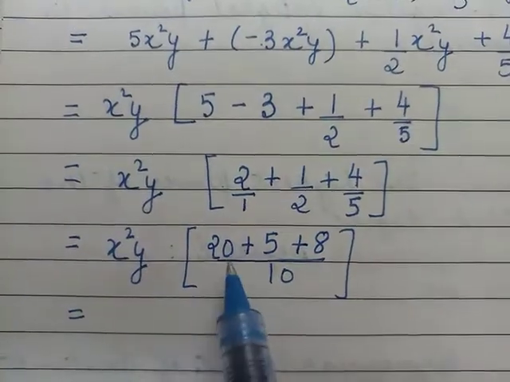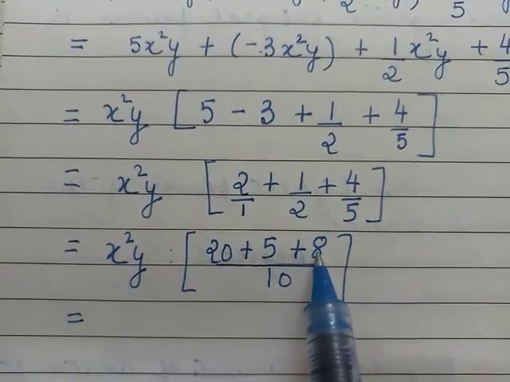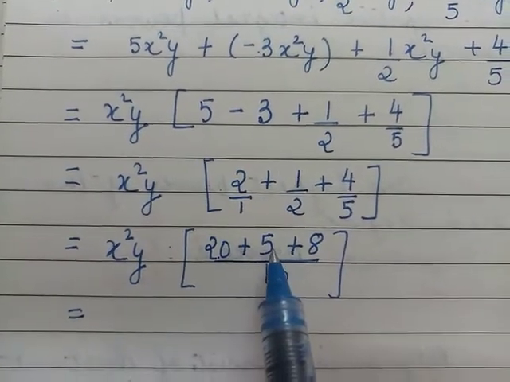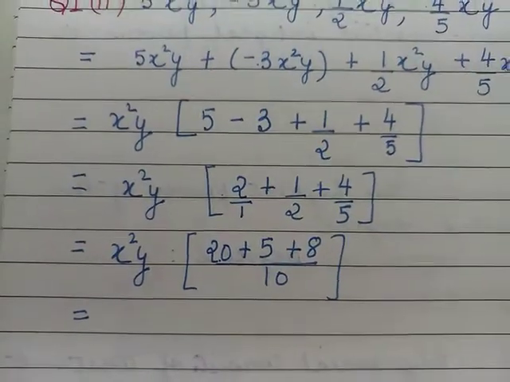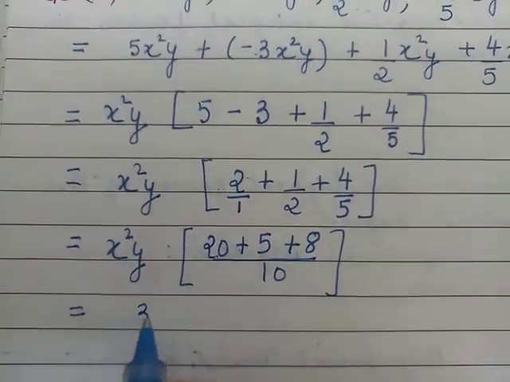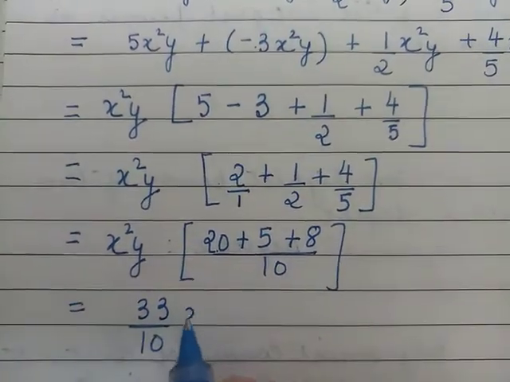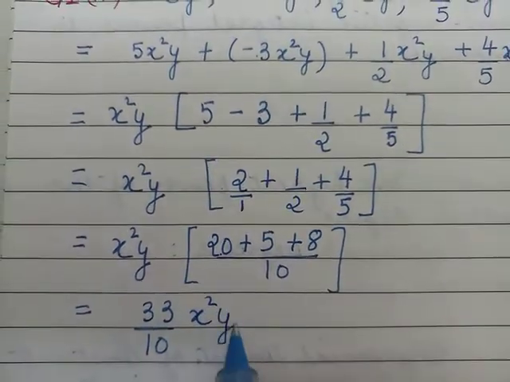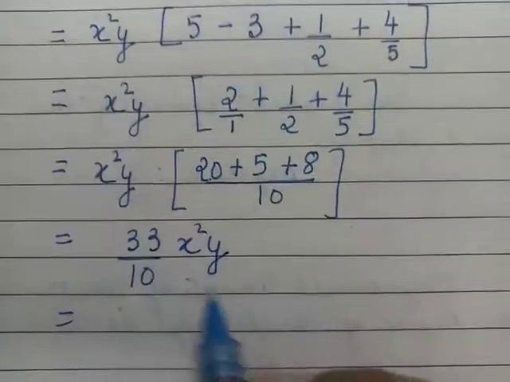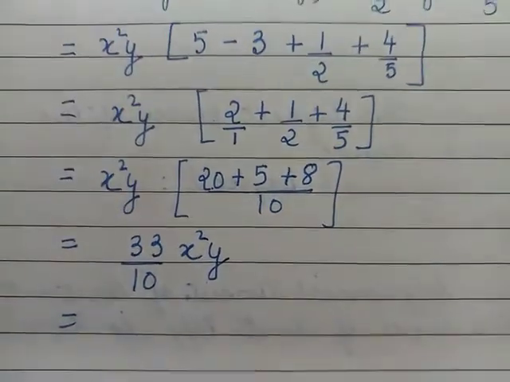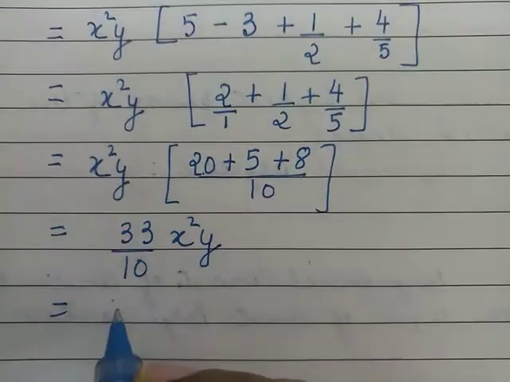So what we are having here, 20 plus 8 will give you 28. 28 plus 5 will give you 33. So we get 33 by 10. Now we write a variable, that is x square y. As 33 by 10 is an improper fraction, so we convert into a mixed fraction.